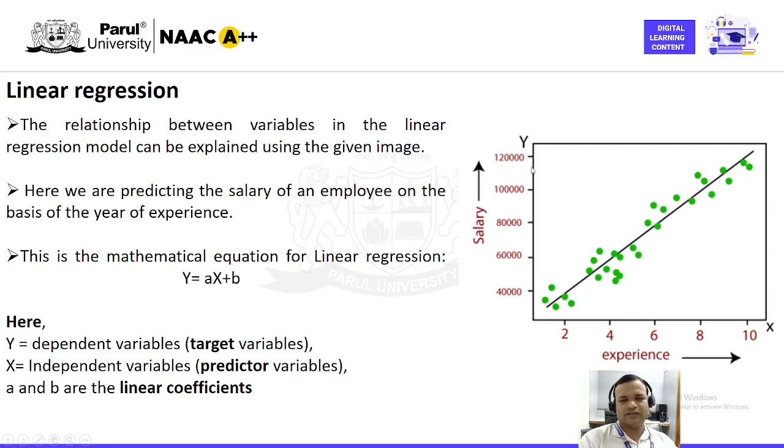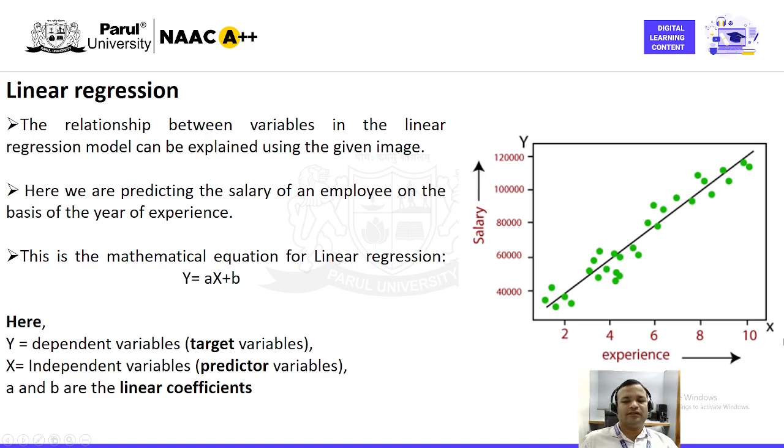So this is the basic example to understand linear regression. Whenever you have 2.5 years experience, your salary will also be calculated with this relationship, approximately 45,000. With 4 years 2 months, the salary calculated with the help of this model will be approximately 59,000. With 5 years experience, salary will be approximately 63,000.